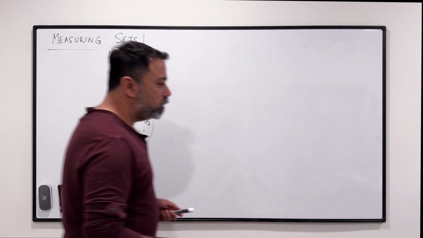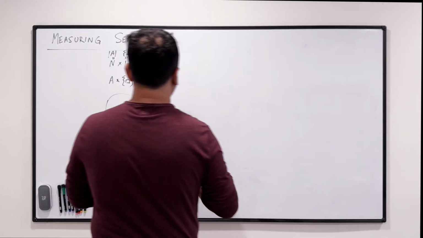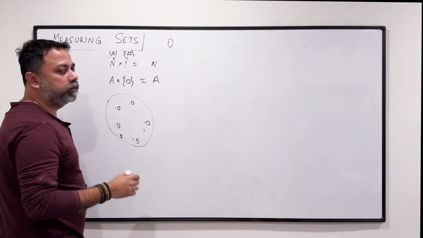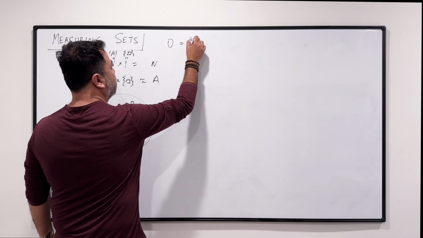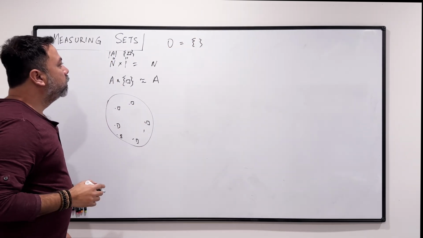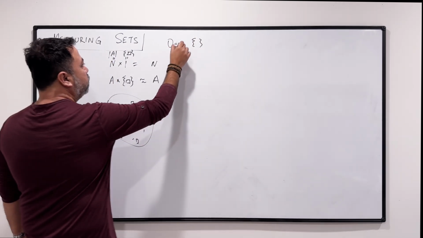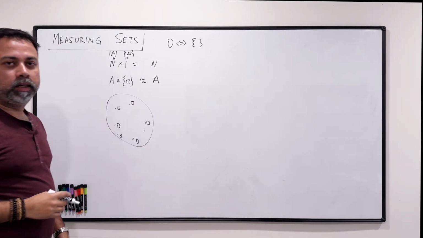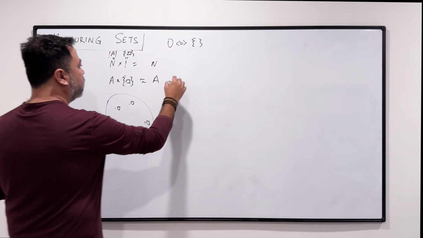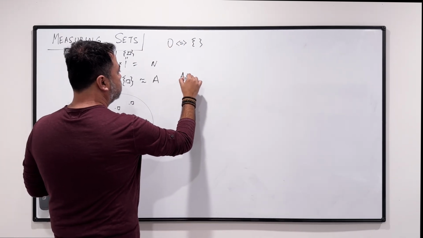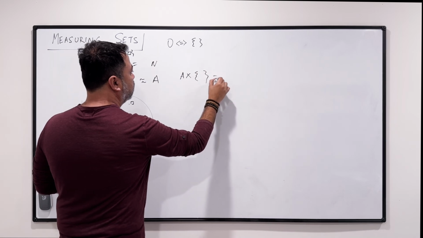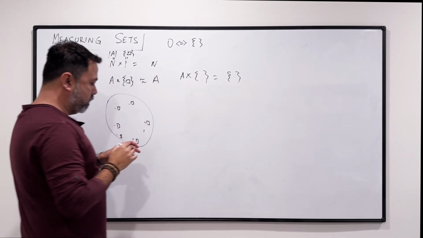All right. So what would be a set that has 0 elements? We know that as well, right? That's just an empty set. So if these two are similar, then it makes sense that A crossed with the empty set must give the empty set.